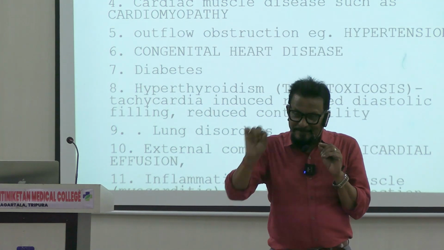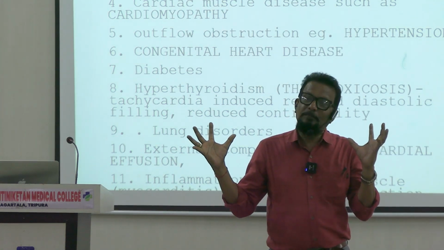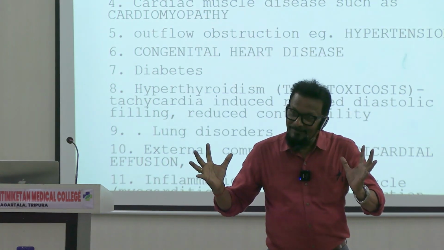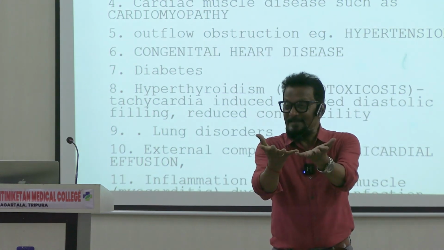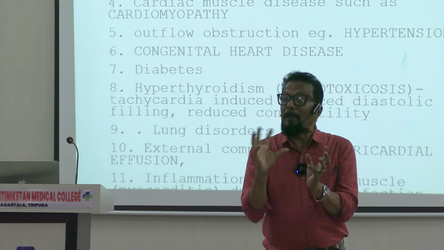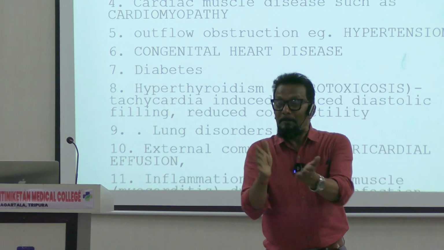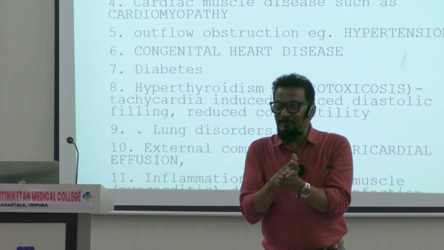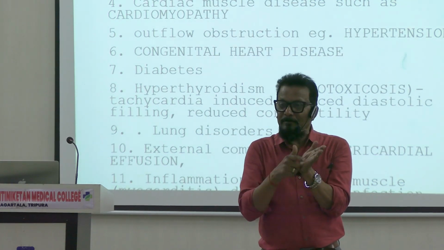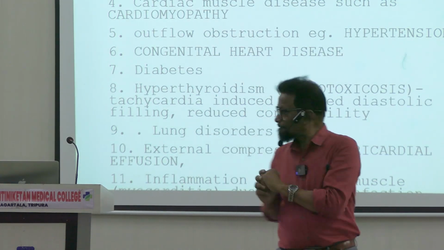A lot of blood is there, but it cannot eject the whole blood, only a little portion of it into the circulation. Its ejection fraction is very low, since its myocardium is very weak.